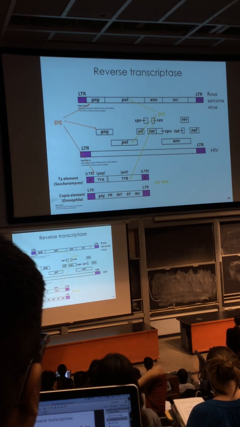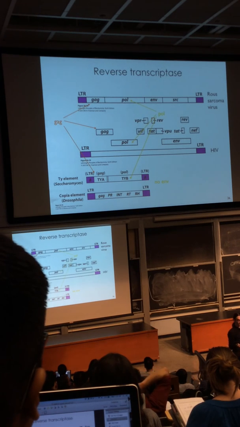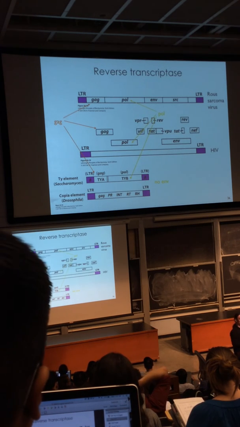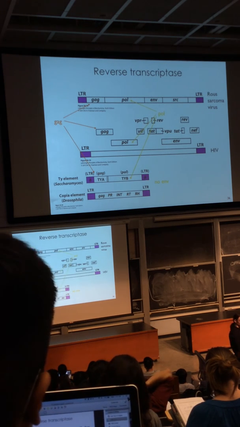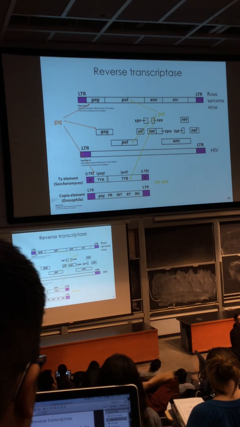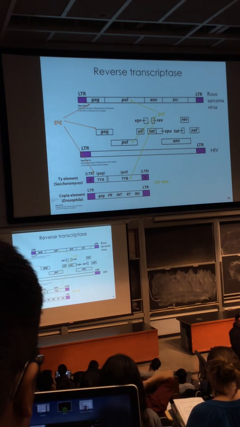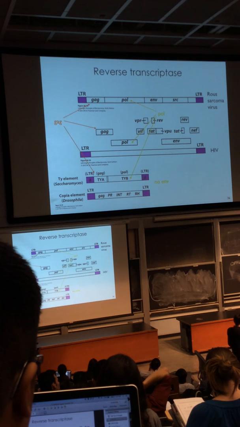So a retrotransposon will be transcribed by the host, reverse transcribe itself, and then potentially reintegrate into the same genome, but it has either lost or never had the additional factors needed to actually produce a virion that could bud off of that cell and go to infect another.